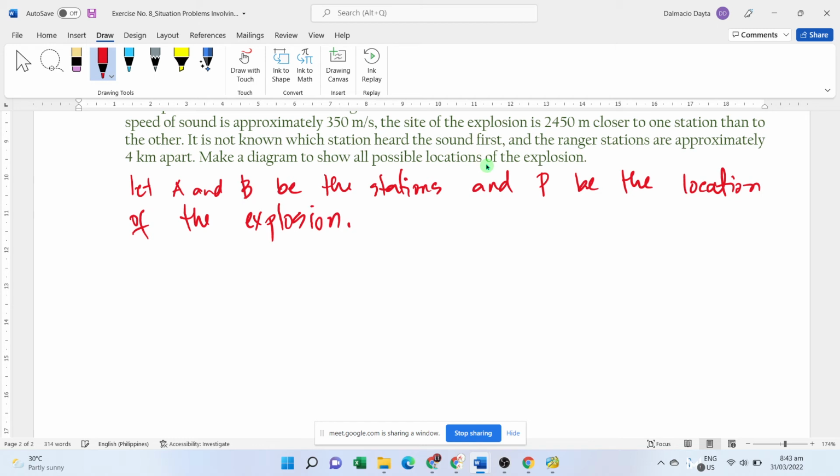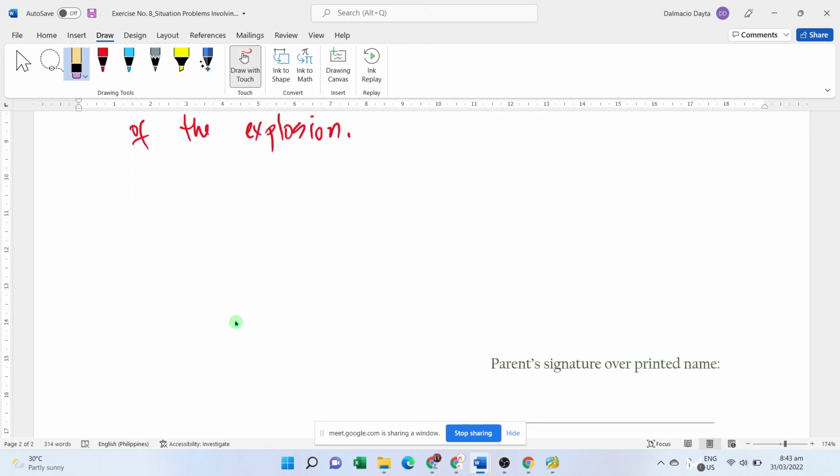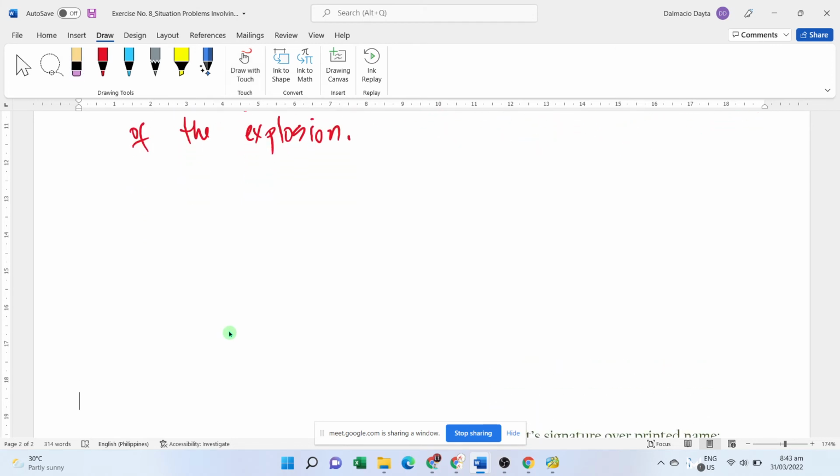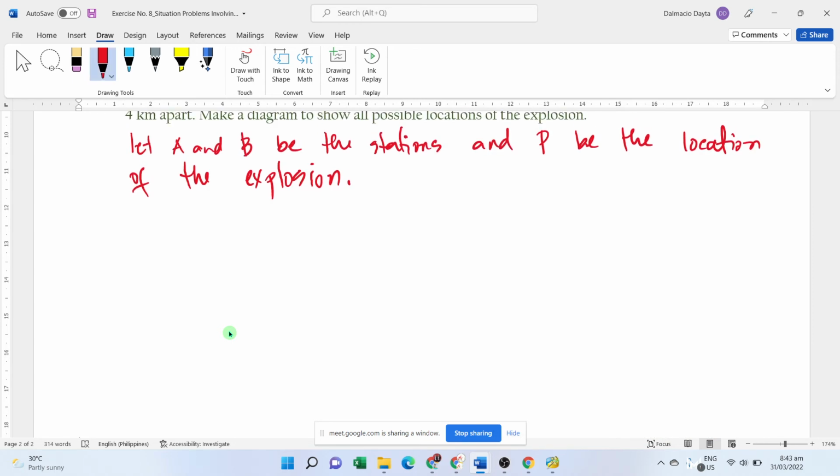Okay, so we have point A and point B. These are the range stations.